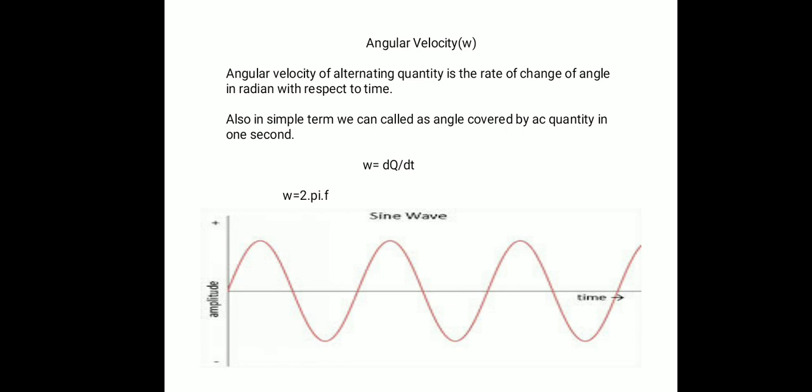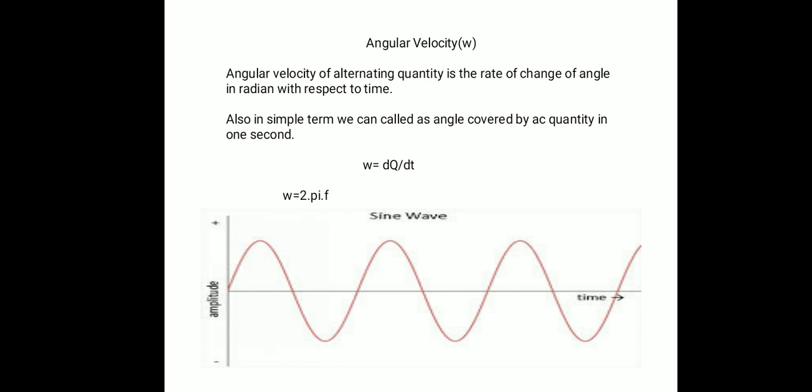That amount of angle covered is called the angular velocity. And the formula for angular velocity: omega is equal to 2 pi f. Why 2 pi f? One cycle constitutes 2 pi, and the frequency is nothing but the number of cycles completed in 1 second. So if we assume the frequency is 50 hertz, then 50 into 2 pi gives us the angular velocity for the 50 hertz waveform.